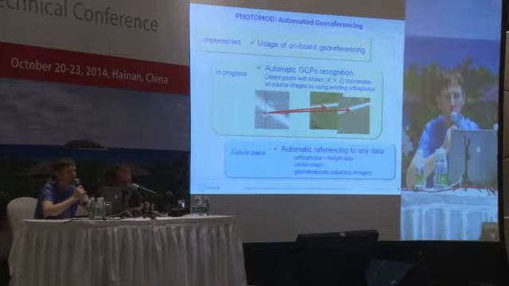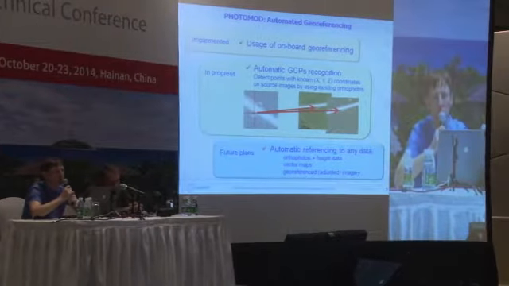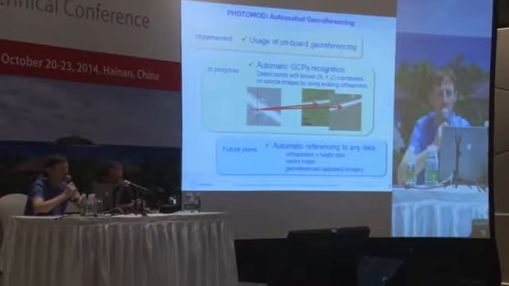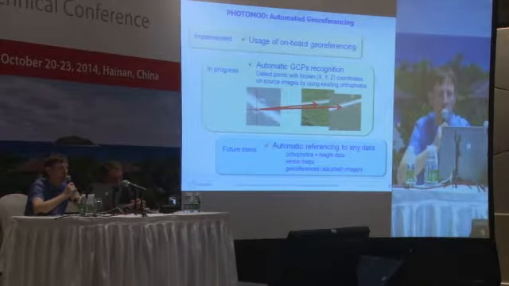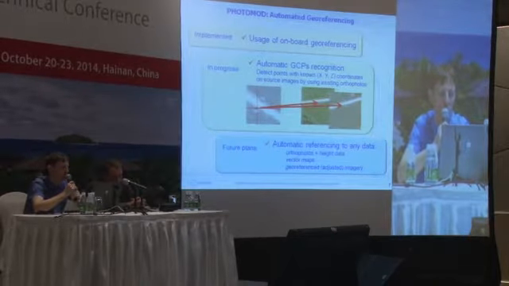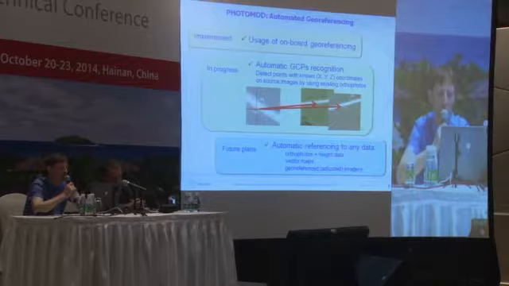In other words, aside from the automatic tying of ground control and checkpoints, we're going to georeference ground control points. So the process of triangulation with full tying will be made automatically.